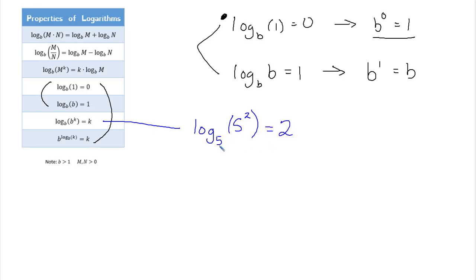If I was to convert this, that means my base to my exponent equals my solution. So 5 to the 2nd is equal to 5 squared. Again, just looking at how that converts gives us that property. But all you need to remember is if these two numbers match, that cancels out the log and just leaves you the exponent.